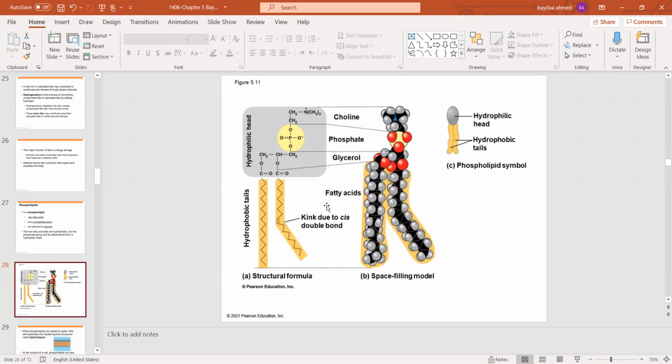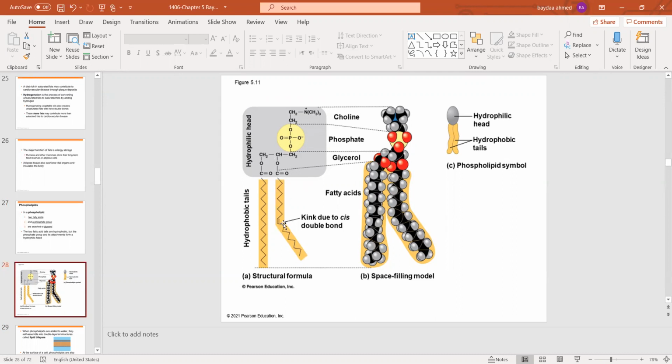a phosphate group. Okay, so this is a glycerol molecule. The glycerol has a three carbon skeleton. Two of them attach with ester linkage to two fatty acids.